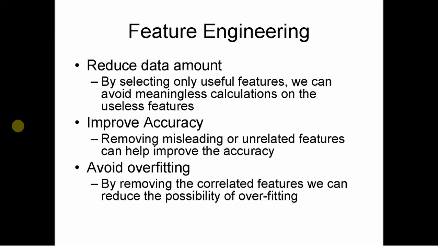There are some features that are correlated with each other, which are actually repeated features. So by removing the correlated features, we can reduce the possibility of overfitting, because we avoid emphasizing some of the features.